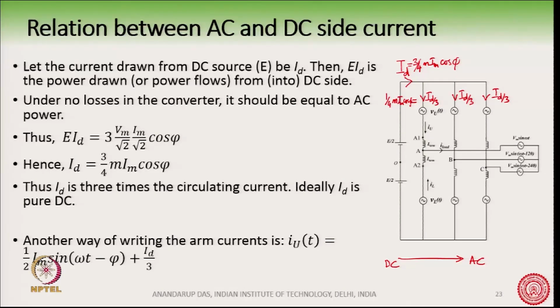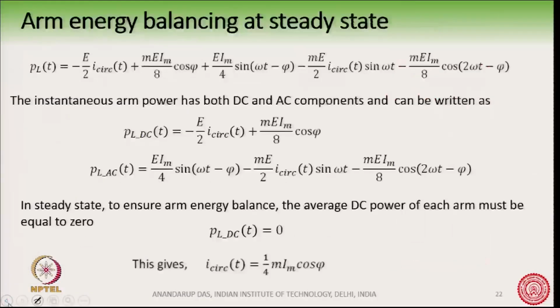So, this is the DC component of the current. The same value 1/4 m I m cos phi we have already obtained. You see here, this is also 1/4 m I m cos phi. So, we found out from the power balance that the DC component of the circulating current is 1/4 m I m cos phi.